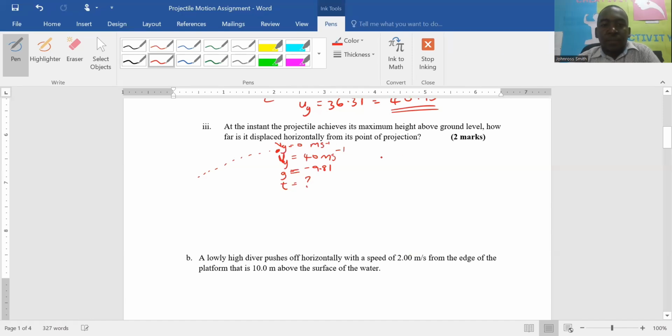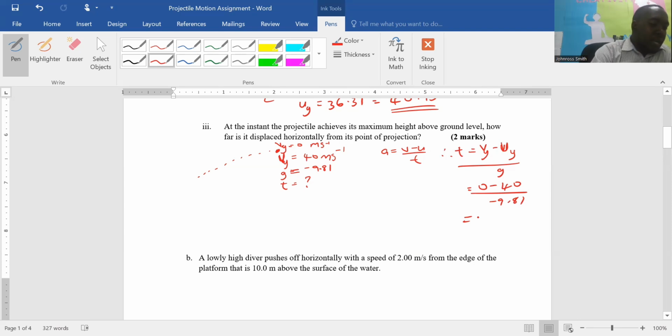So we go with a is equal to v minus u over t, which therefore gives t is equal to vy minus uy over g. That gives us 0 minus 40 over negative 9.81, and we get the time to be 4.08, which is 4 seconds.